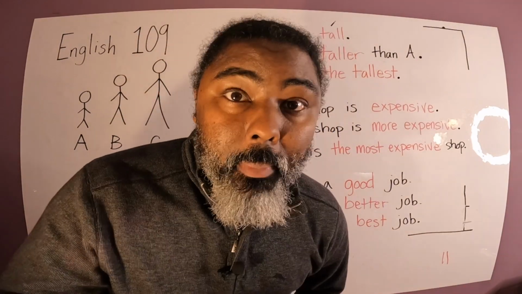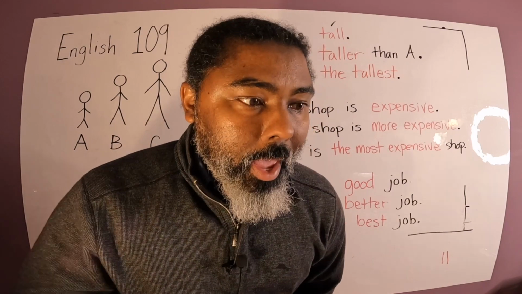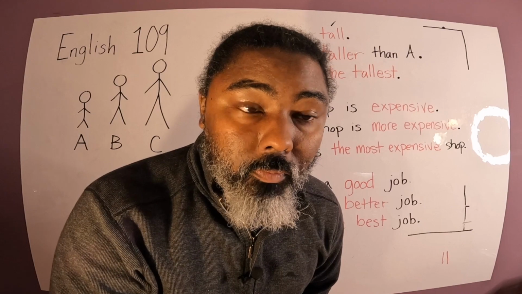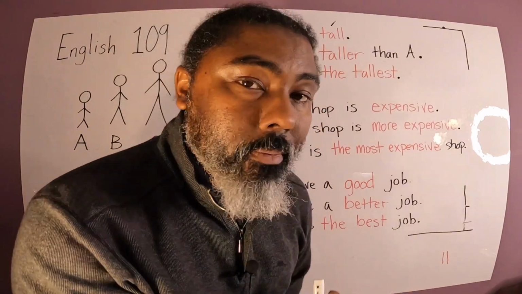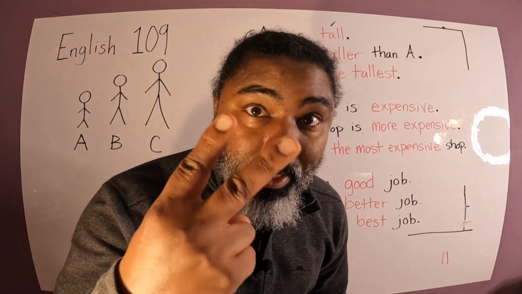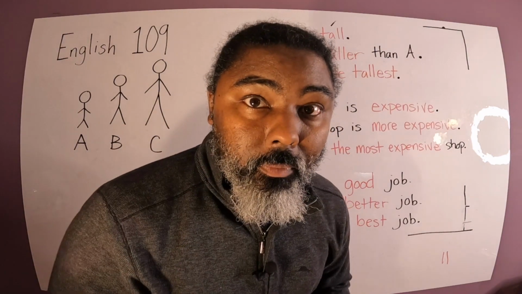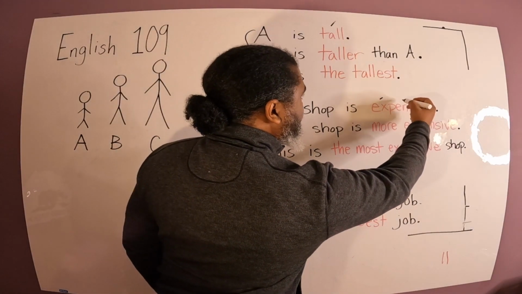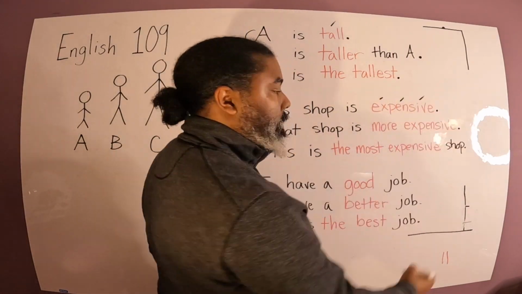However, there are some adjectives that have more than one syllable. Expensive has 3 syllables. Expensive. Let's look at that. Expensive.